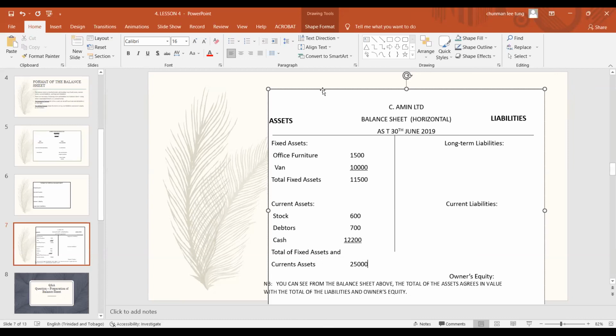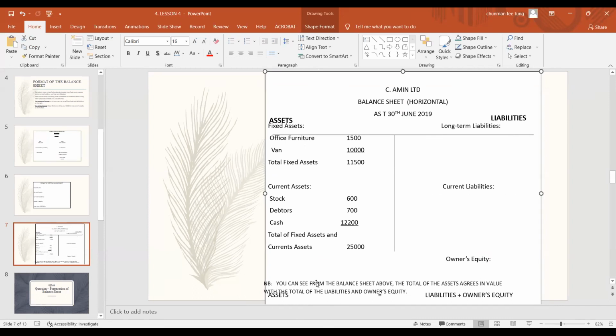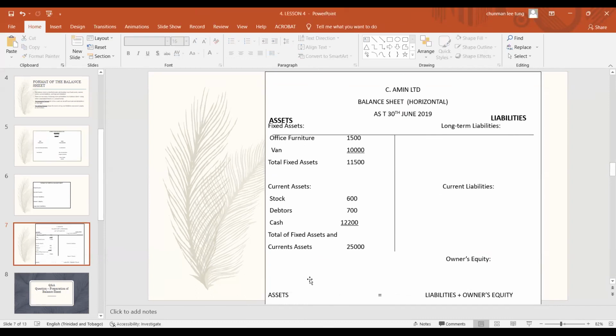So that is your $11,500 added to your current assets, which is your $600, your $700, your $12,200. When you add everything, you get $25,000.